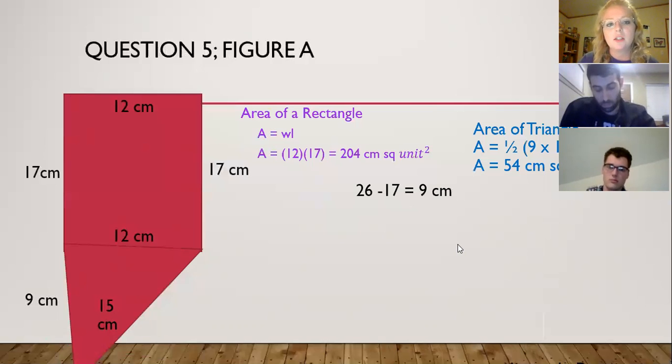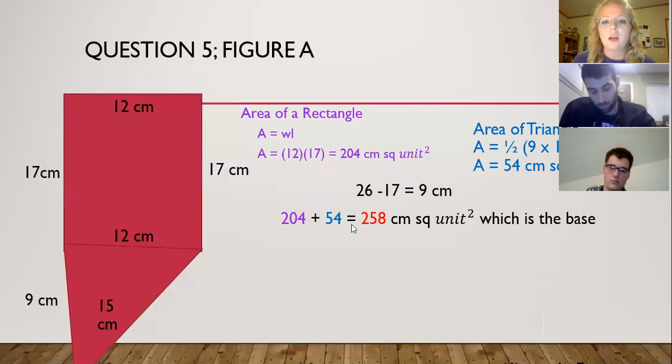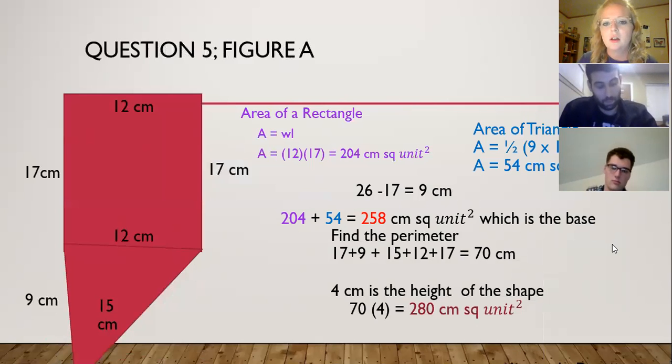So we just need to find the length of this side. So we subtract the 17, and that gives us 9 centimeters. And so we're going to add the area of the rectangle and the area of the triangle together, and that's going to give us the base. And that gives us 258 centimeters squared, which is the base.